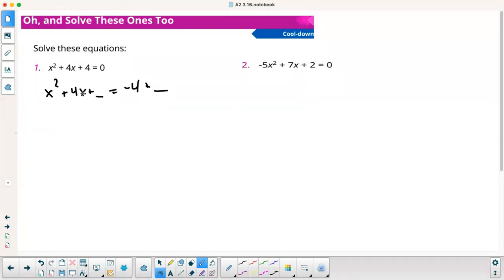I put a couple blanks. I take this number in front of x, I add that divided by 2 squared to both sides. So 4 divided by 2 is 2. 2 squared is 4. So I get 0, which is kind of funny because it takes us back to exactly where we were.